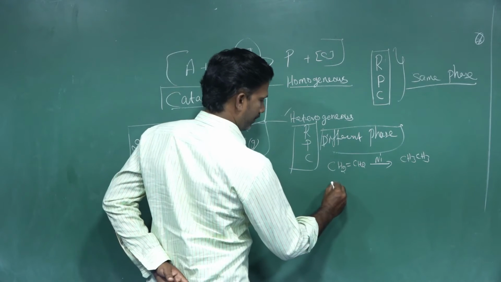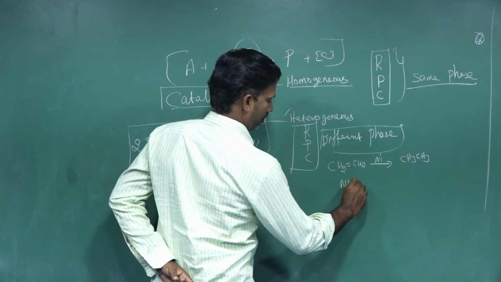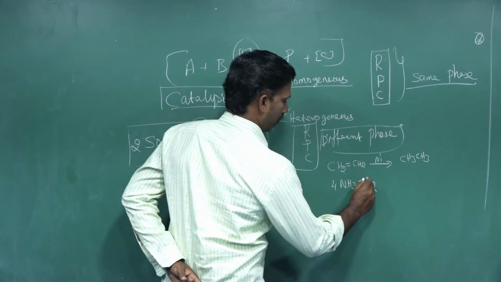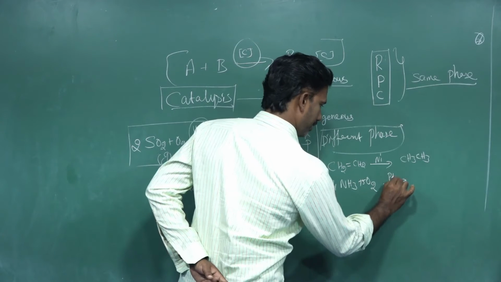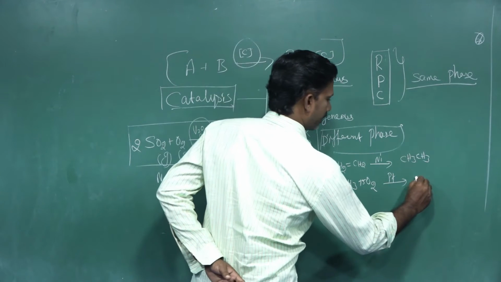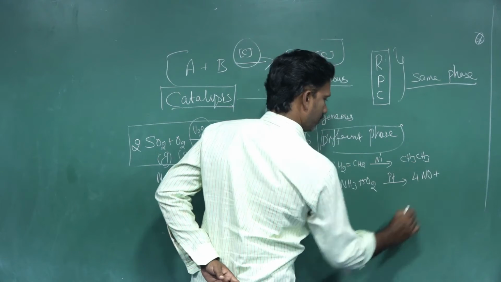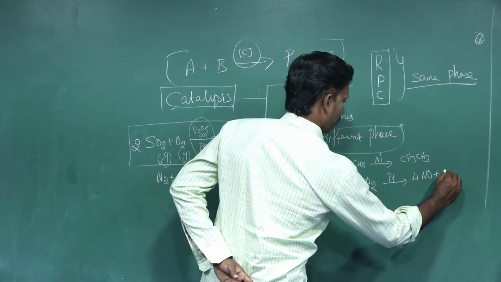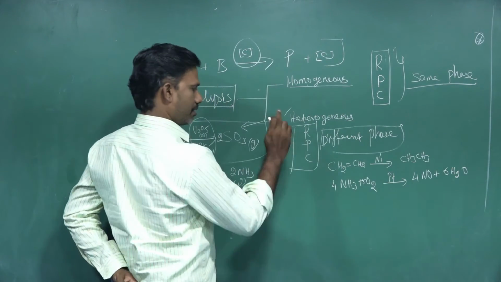Then you may write this equation: oxidation of ammonia in the presence of platinum. You are getting that. Okay, this is also heterogeneous.